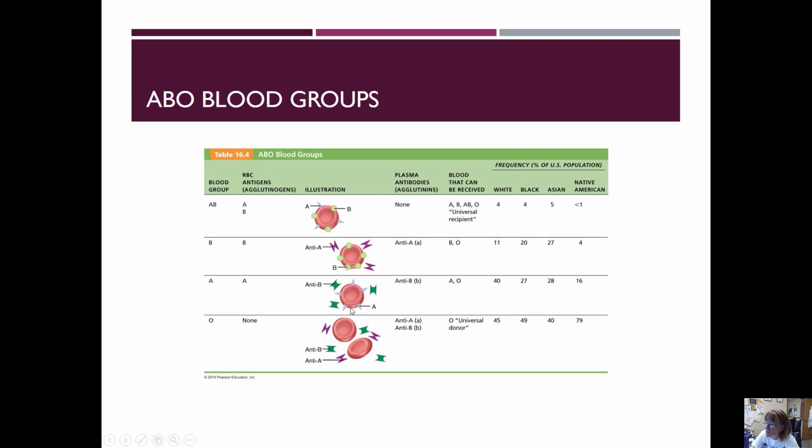A type A person is going to express A antigens on the surface, but then they are going to produce B antibodies. So it's anti-B. These are antibodies against B, and you'll notice their shape, what they would bind to, is circular. If you look at this type B person, they have anti-A antibodies, and you can see those would stick and bind to the structure of the A antigens.